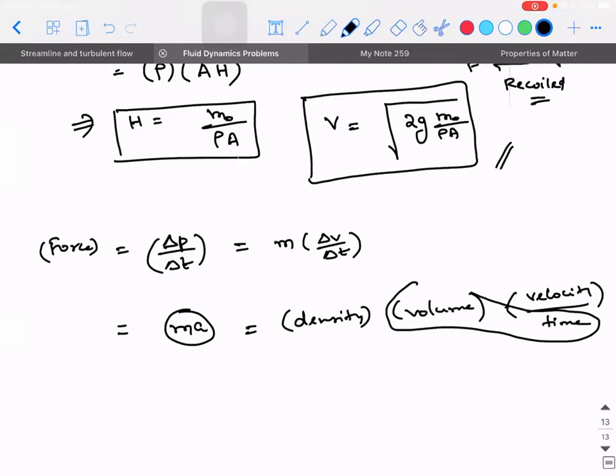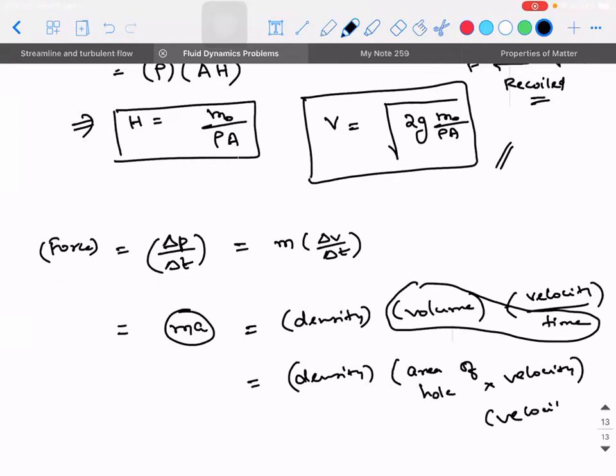This volume divided by time is going to give me what? Volume by time is the rate at which the liquid is coming out. What is it actually? It is the product of area of hole and velocity, with which the liquid is coming out.